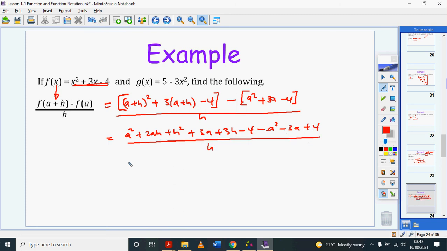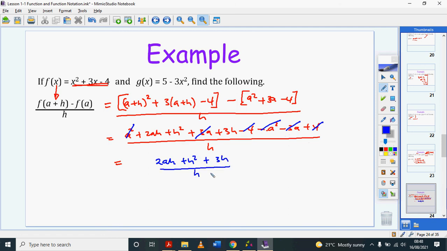Okay, so I hope you can see that a squared and a squared are common. I have a positive a squared and a negative a squared, so they'll cancel out. I have a negative 3a and a positive 3a, they cancel out. I have a negative 4 and a positive 4, they also cancel out. So I'm only left with 2ah plus h squared plus 3h. Everything is divided by h.